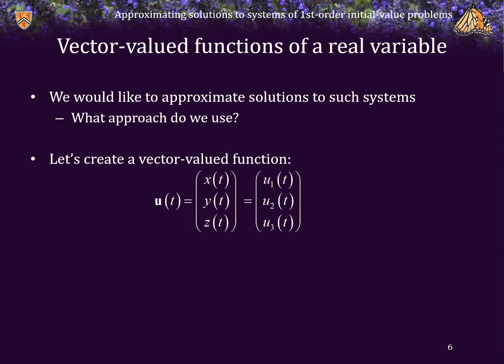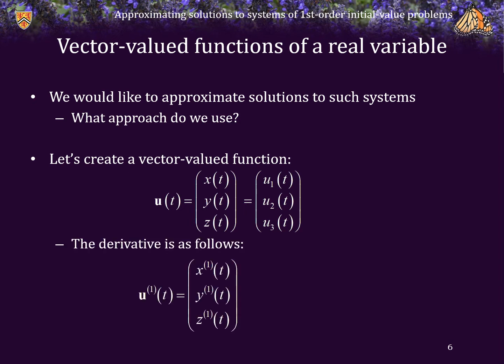So normally, of course, we would write this as u1, u2, and u3 if we were referring to a vector-based approach. So rather than x, y, and z, the vector-valued function is u, and therefore the 3 entries are u1, u2, and u3, all 3 of which are functions of t.